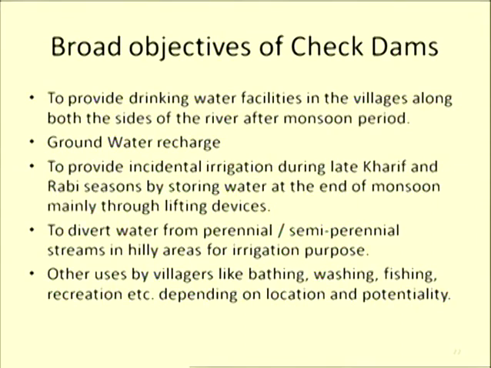The second broad objective is groundwater recharge. Third is to provide incidental irrigation. That is not the purpose of irrigation, but incidental, because if rainfall is not uniform as per the requirement of the crop, then we can use this water during the late kharif and rabi season by storing water at the end of the monsoon, mainly through lifting devices, to divert water from perennial and semi-perennial streams in a hilly area for irrigation purposes.